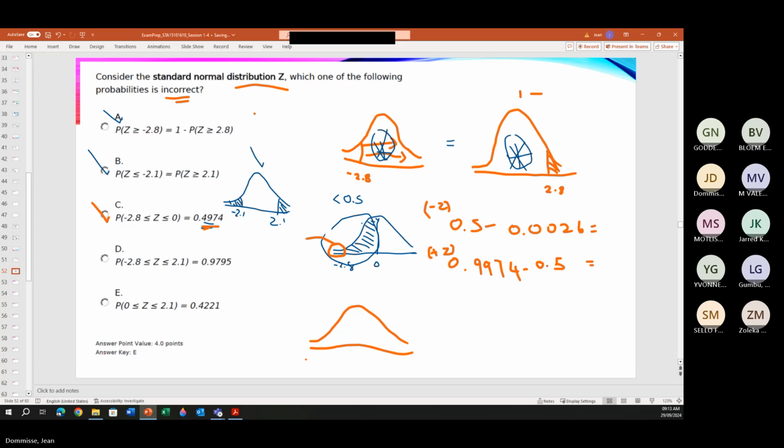Okay, so then let's look at between minus 2.8 and the other one is 2.1. Okay, so again, we can do this with two methods. We know what that number is already. It is 0.0026. So we can get the 2.1 number.